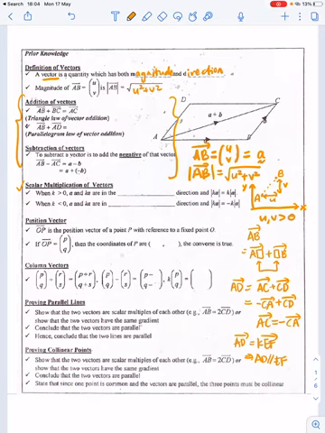Because if I express it in this form, it means that the two vectors are pointing in the same direction, but may not necessarily have the same magnitude. They only have the same magnitude if I equate them to be exactly the same. So in this case, if k is positive, they are in the same direction, else they are in the opposite direction.